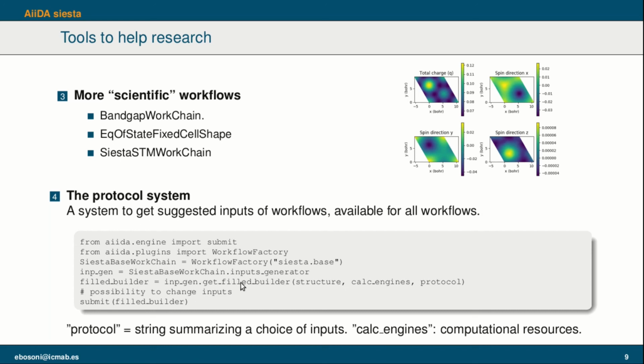This will return you something that is ready to be submitted. This builder, the quantity that is returned, can be analyzed to see all the inputs, and also some inputs can be changed, so it gives you full flexibility in doing what you want.